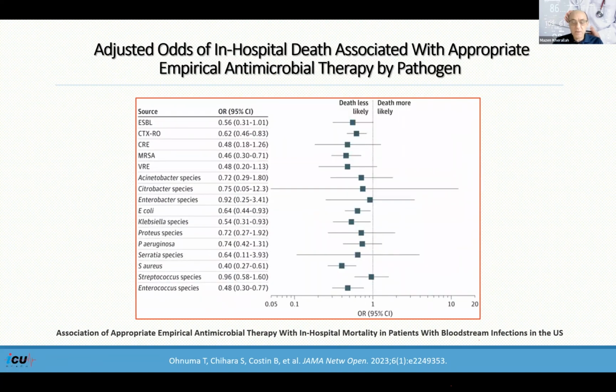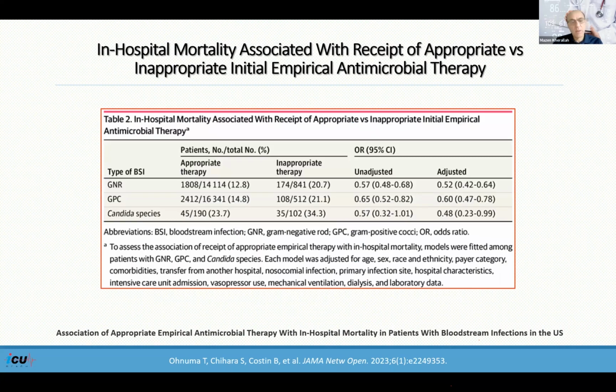This is associated with increased mortality. You can see the mortality is less when the patient receives more appropriate antibiotic therapy, which is common sense. Putting it all together, for gram-negatives, if the antibiotic therapy was appropriate, the mortality rate is 12.8%.